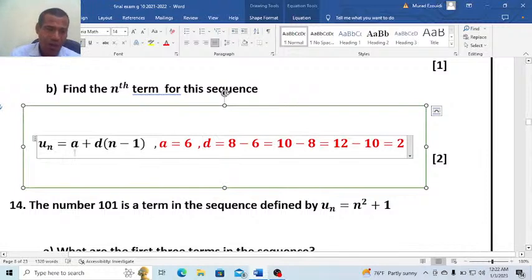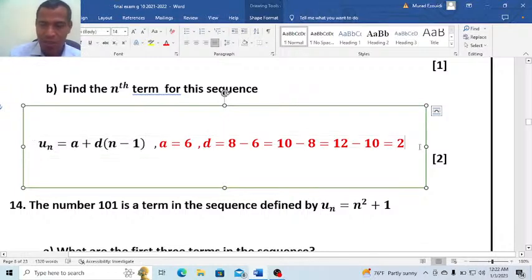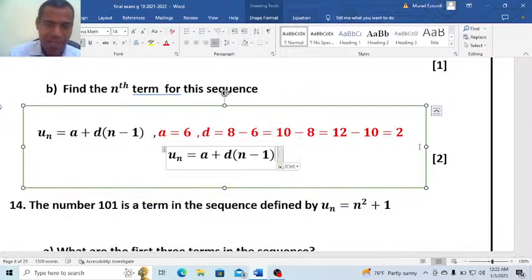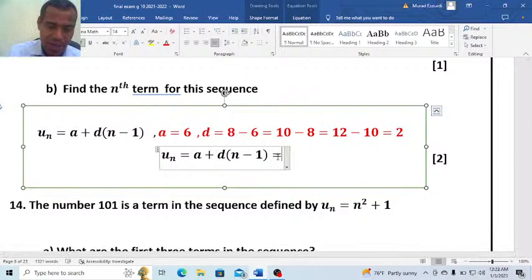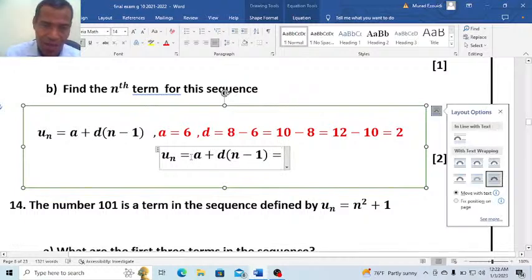Therefore, to find the nth term, I will just replace a equal 6 and d equal 2 in my formula: 6 plus 2 times n minus 1.